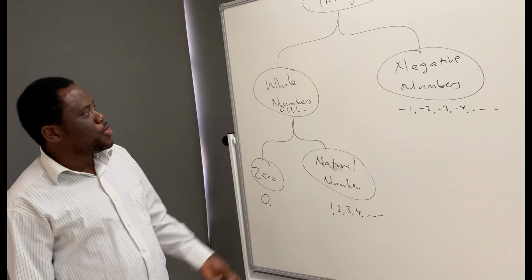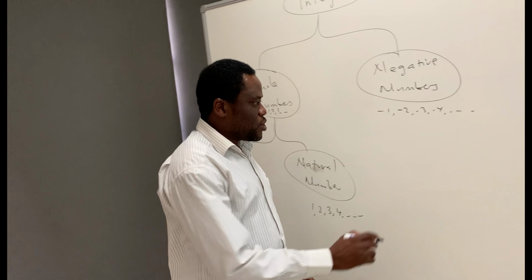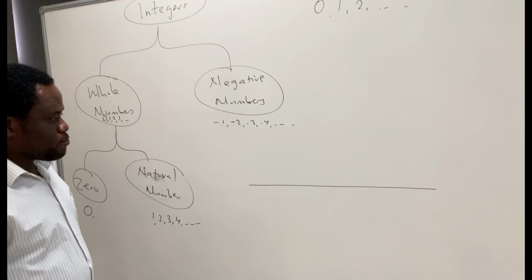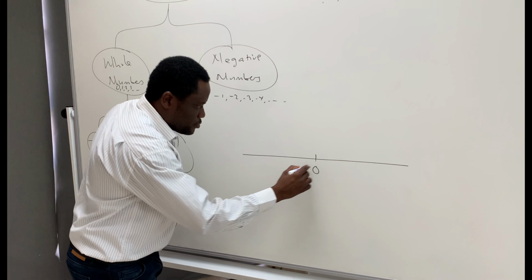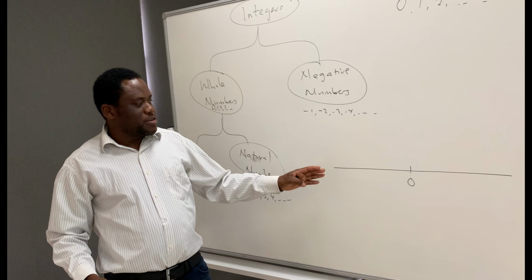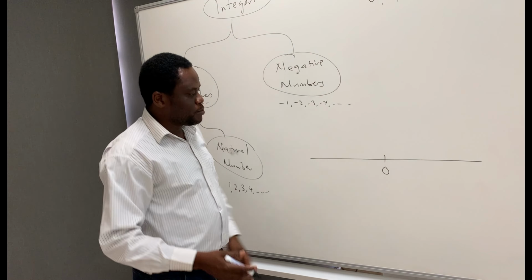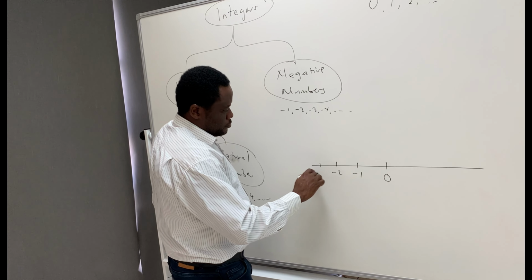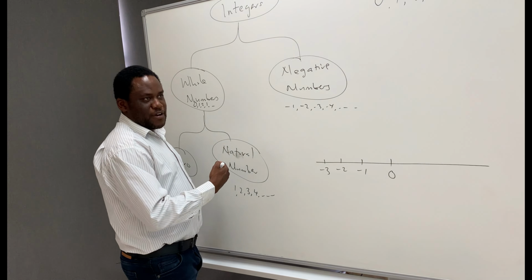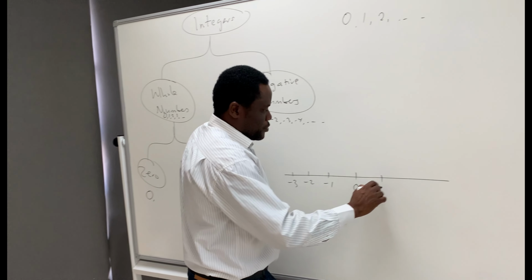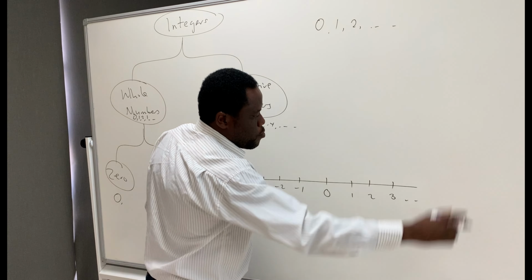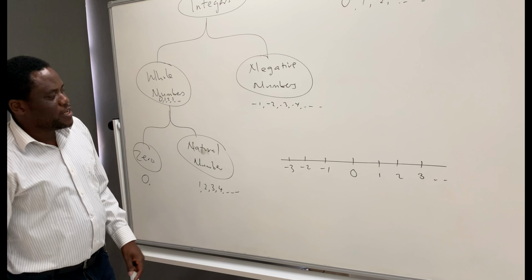We can show this on a number line. If this is 0, it is symmetric, because this side is equal to this side. This side is negative, going to negative infinity, and this is positive, which we did before, going to positive infinity.